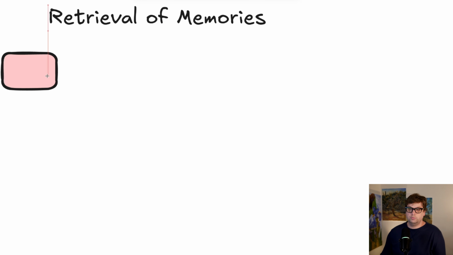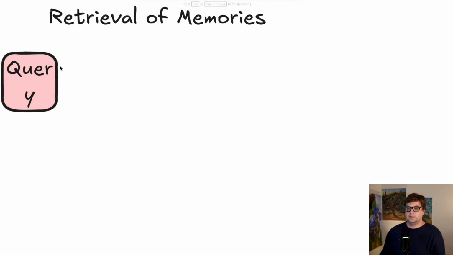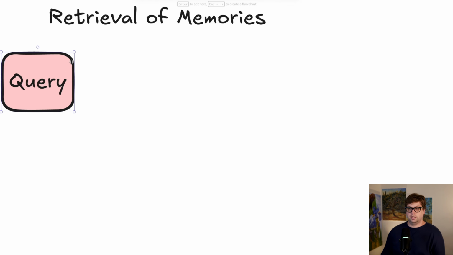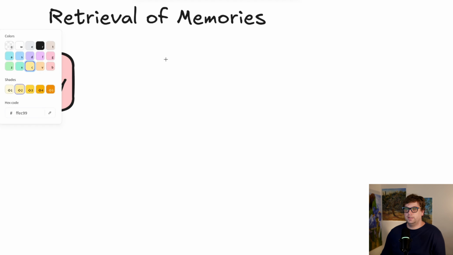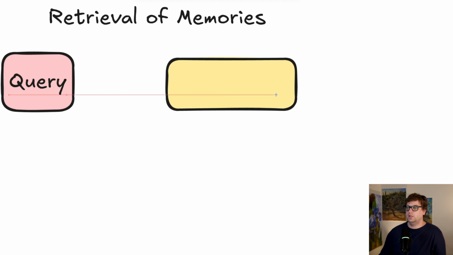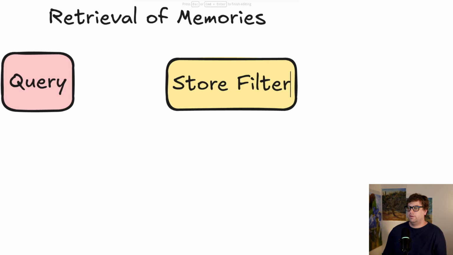In general, there's some sort of query. Now, typically this is done by the agent. That's the point of the memory system. And we then have a store filter. If I'm asking, hey, when I was working on this project, what happened? That store filter is going to be applied to agent chat histories.